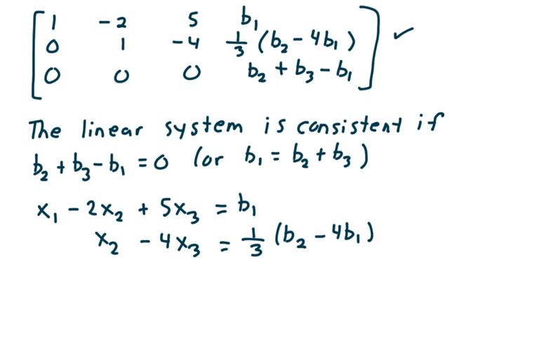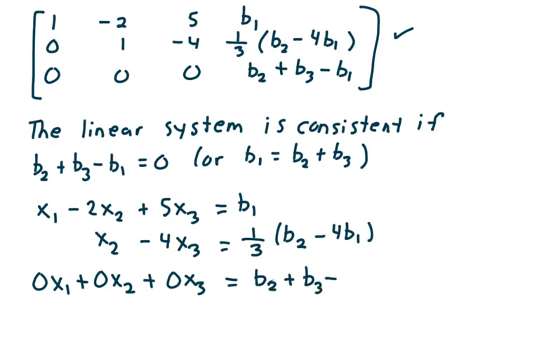And to write the third equation, we get 0x1 plus 0x2 plus 0x3 equals B2 plus B3 minus B1. And remember, on the left-hand side of this third equation, you get 0.